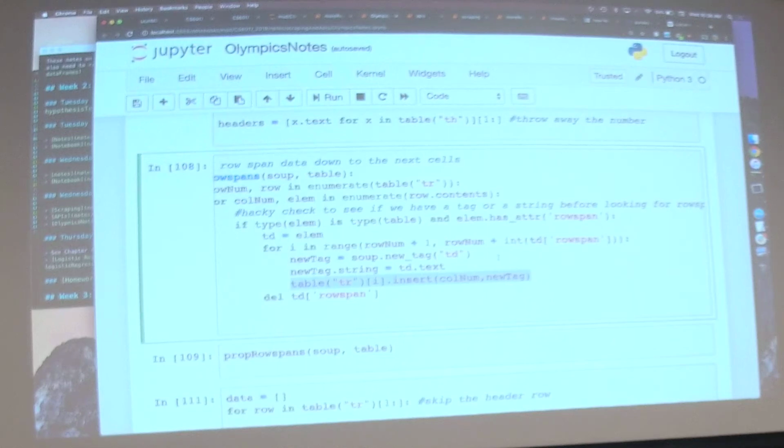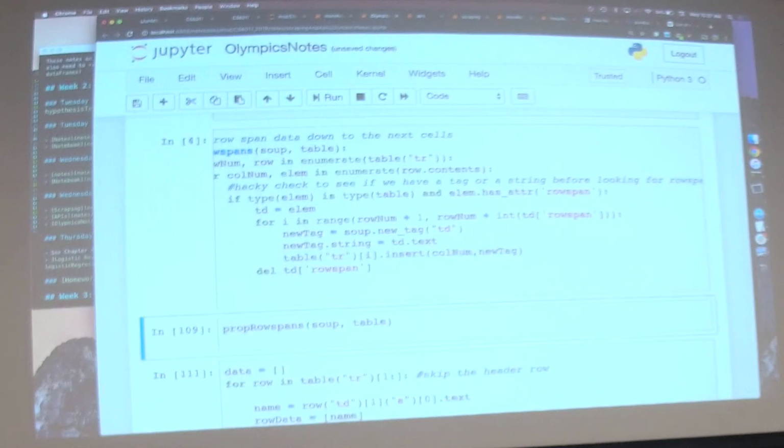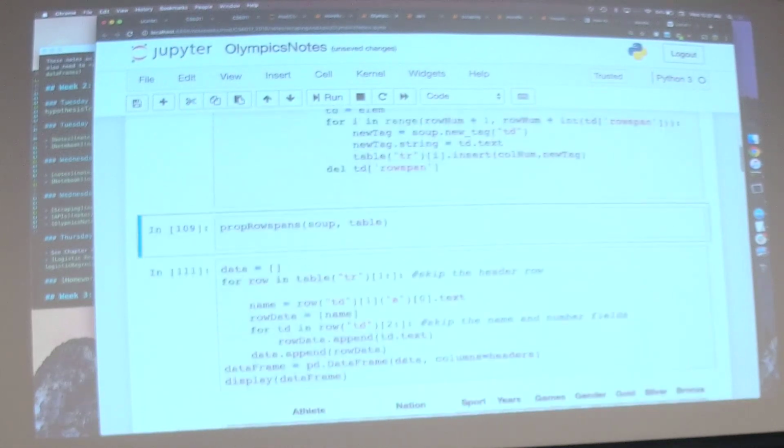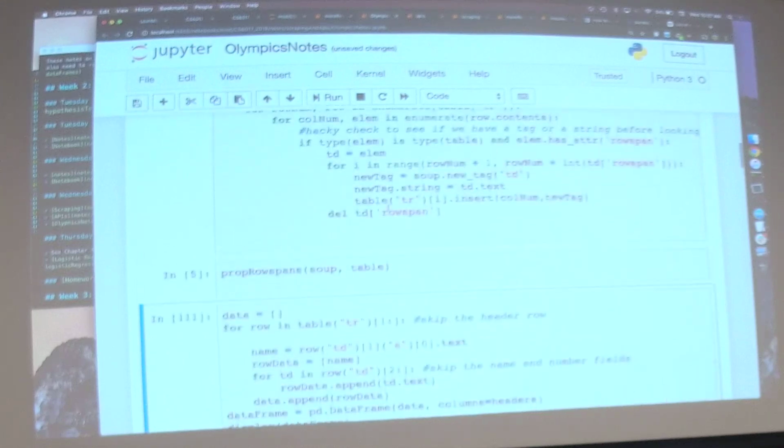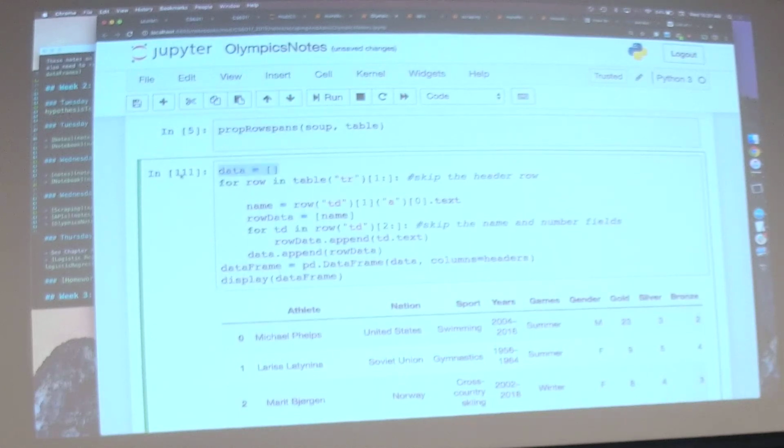So this is the kind of thing we have to deal with because this is not designed for data analysis. This is designed for nice, convenient viewing, right? So we had to do a little bit more processing. Cool. So if we do this, then now we can load it into a data frame.